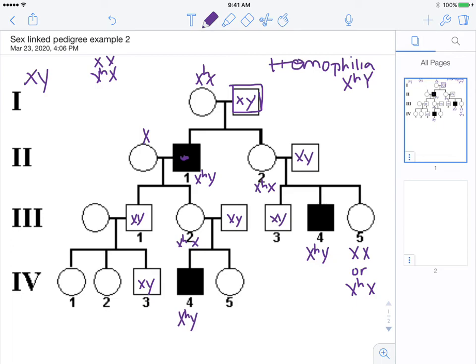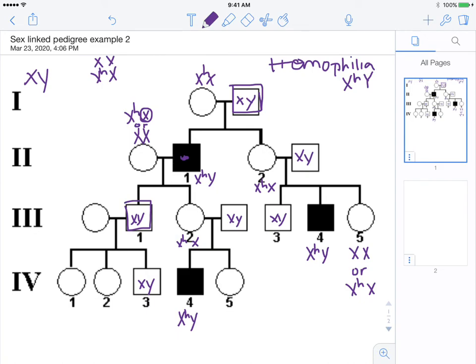Now, we don't know for sure if her mother is a carrier or not, because if you look at her kids, she has two children who have regular X chromosomes, and she definitely gave an unaffected X chromosome to her son, person number 1 in generation 3. So we are going to say that she is XHX or XX. We're not sure because she could be XHX and she could have just given this unaffected X chromosome to her son.